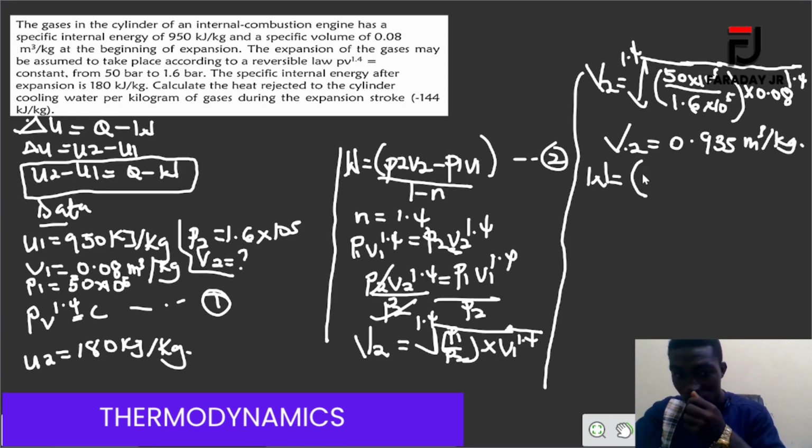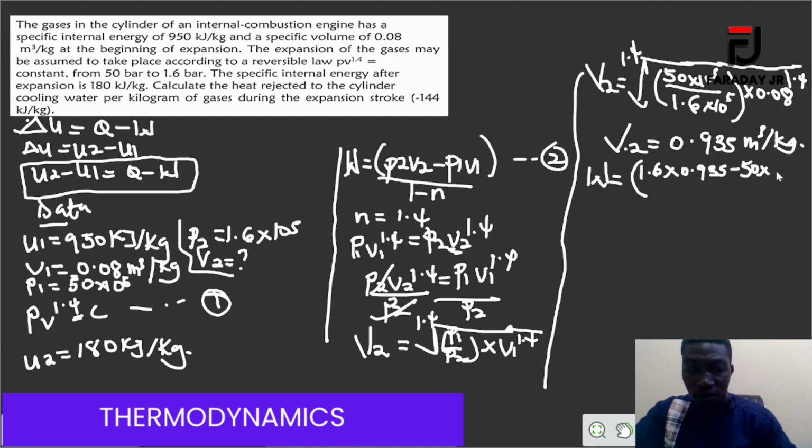P2 is 1.6 multiplied by the volume 0.935, minus P1, which is 50, times V1, which is 0.08, all over 1 minus 1.4.